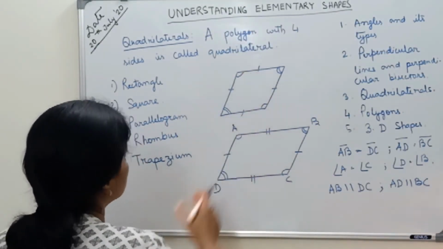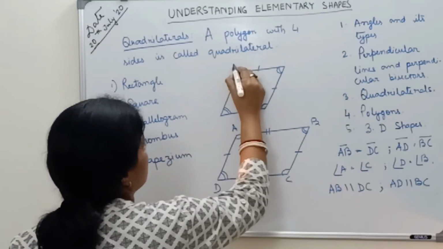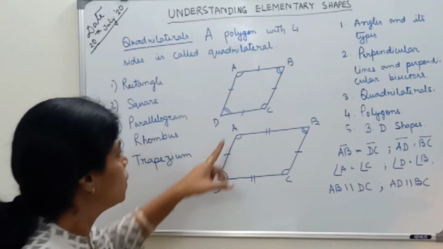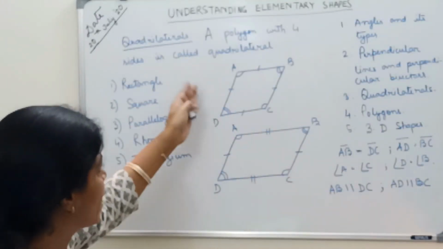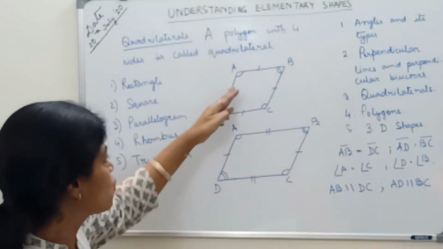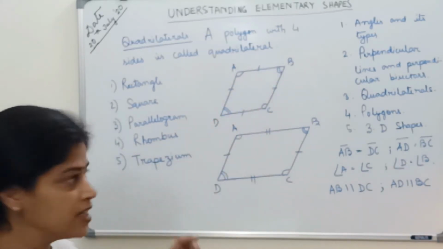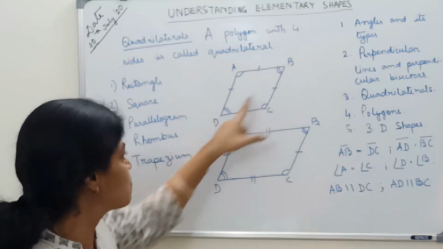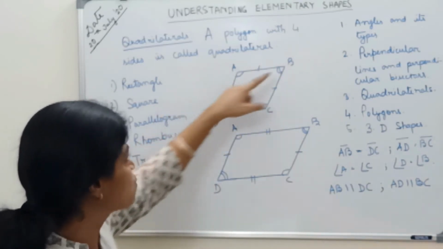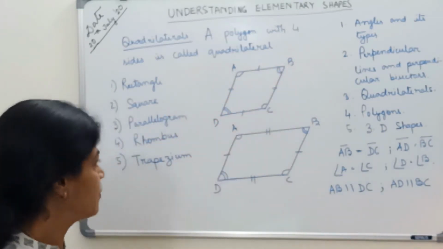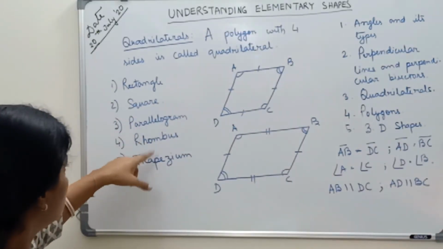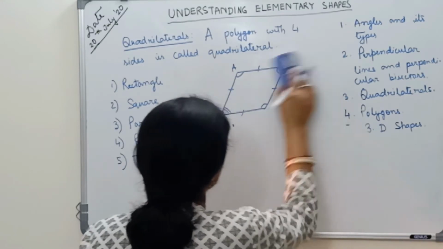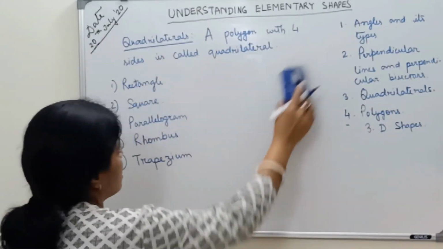Now it's rhombus. Is it clear what is rhombus? A, B, C, D. So it's just like a square, all the sides are equal. Squares have all the angles 90 degree, but here only opposite angles are equal, and AB is parallel to CD and AD is parallel to BC, and this is called rhombus. Now coming to what is a trapezium.